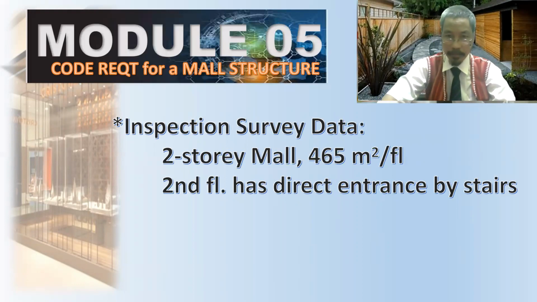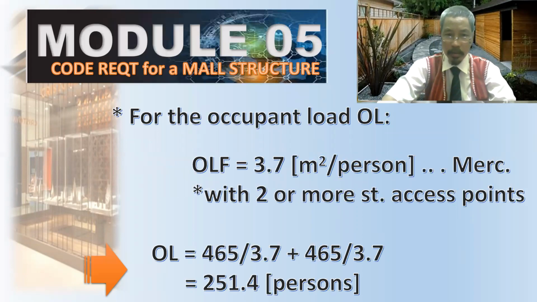And so therefore, for the occupant load OL, we have the following data. OL factor is equal to 3.7, mercantile, with 2 or more street access points. Street access point directly going to the ground floor and street access point going directly to the second floor. Because we have 2 street access points, we are going to use occupant load factor 3.7.